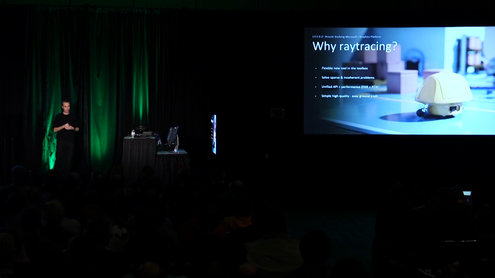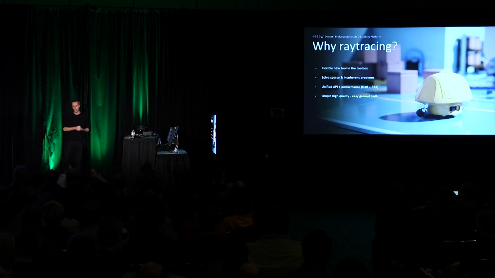We were a bit curious about other APIs or ray tracing frameworks like OptiX and other things before, or building something ourselves, but it's kind of complex when you have to interop in tons of different solutions there. So that's the DXR unified API, and also all the work NVIDIA's done on RTX and this ray tracing core to implement that efficiently. And simply, ray tracing gives us very high quality visuals and a very easy way of getting to ground truth visuals as well for reference.